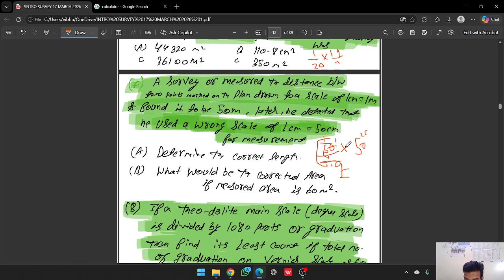The same here if we do square, and here we do 60, then we will get according to the 60 meters square.